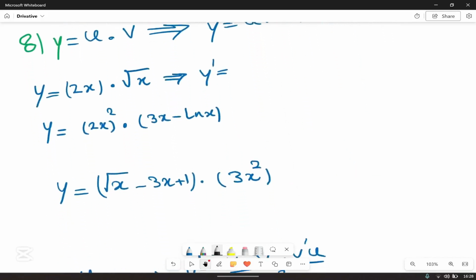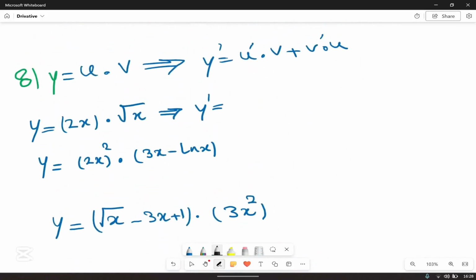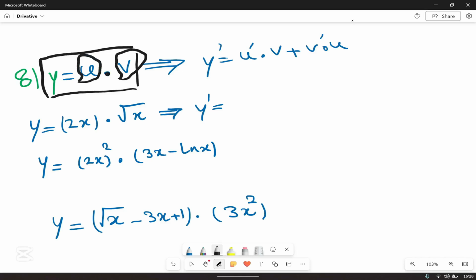Wow, it's so important, guys. If anybody asks me what is the important notice, it is that if you have two functions and they multiply together, at first you calculate the derivative of the first times the second one, plus the derivative of the second one times the first one. Can you understand it?